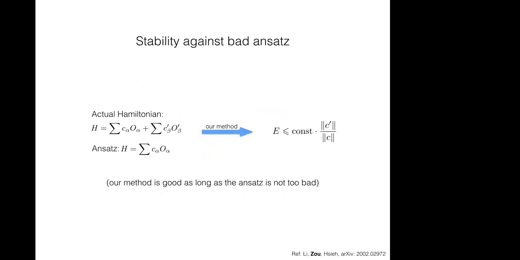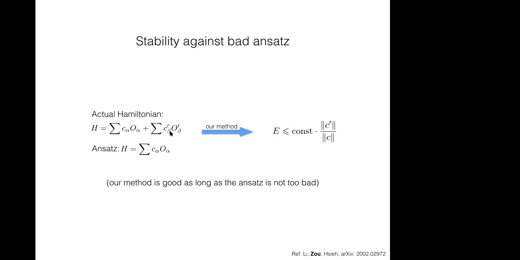And we can look at another type of stability against bad ansatz. Recall, we have to start with a guessed set of local operators, but actually the Hamiltonian may contain some other operators. For example, O may only contain 1-body and 2-body interactions, but O prime contains like 10-body, 11-body interactions. In practice, we want to just use some 1-body or 2-body Hamiltonian to model the system.